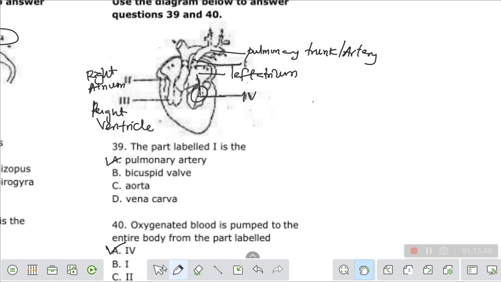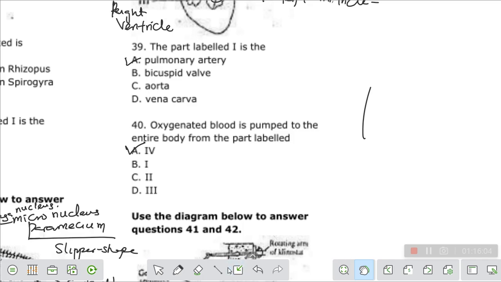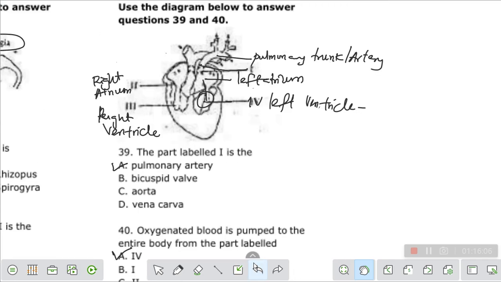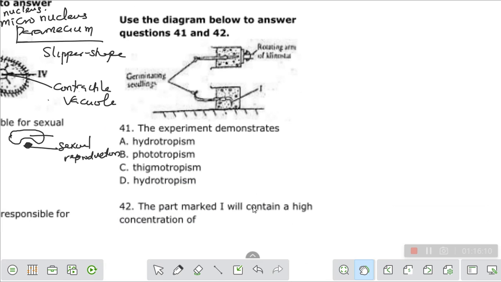Phototropism has to do with response due to light. So now they ask us what the experiment demonstrates: is it hydrotropism, is it phototropism, is it stigmotropism? So what do you think will be the answer whenever we use clinostats? So what do we use this for?